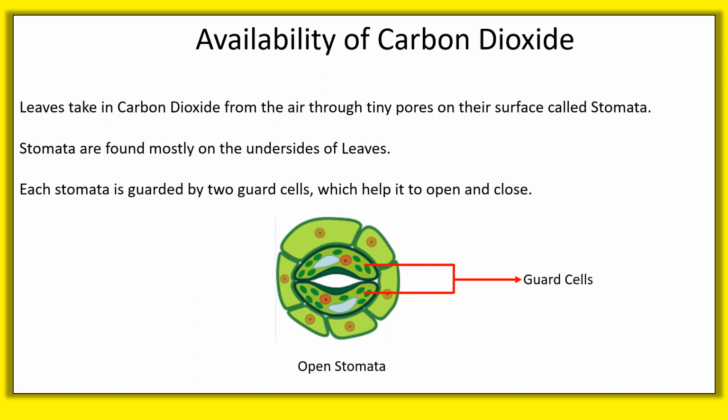The stomata shown here is open and is ready to take the carbon dioxide from the air, and the closed stomata is when it doesn't need any more carbon dioxide. The two cells inside it are the guard cells, mentioned here by the red arrows. So let's move on to our next slide.